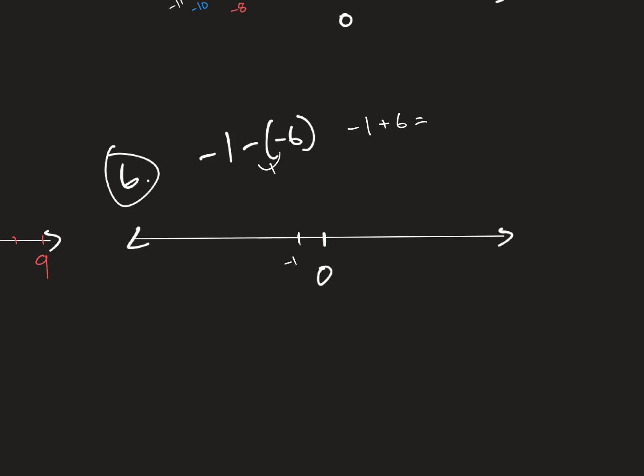I can start right there, and then I'm going to go the other way. 1, 2, 3, 4, 5, 6, 7. We'll make it out of 7. So my starting point, -1, and I'm adding 6 this way. So starting here, 1, 2, 3, 4, 5, 6 is my end, and I am at 5. So -1 plus 6 gets me equal to 5.